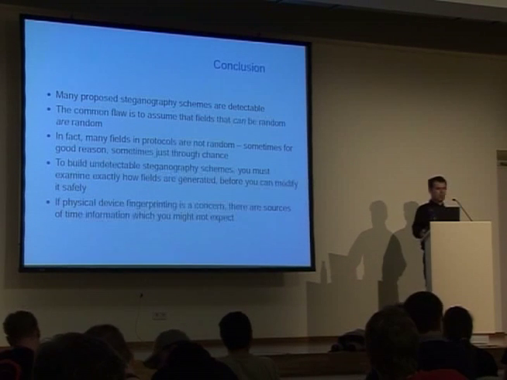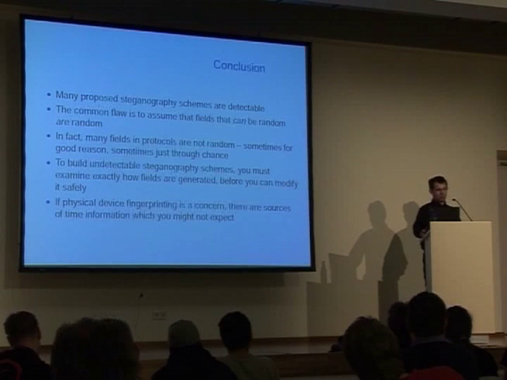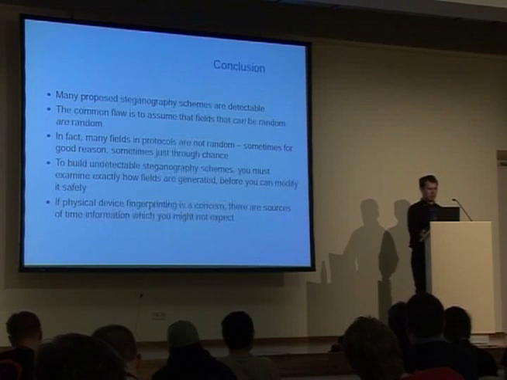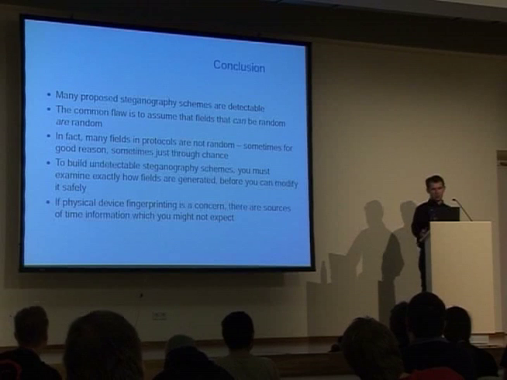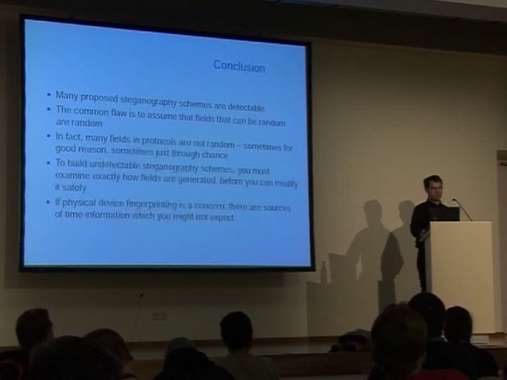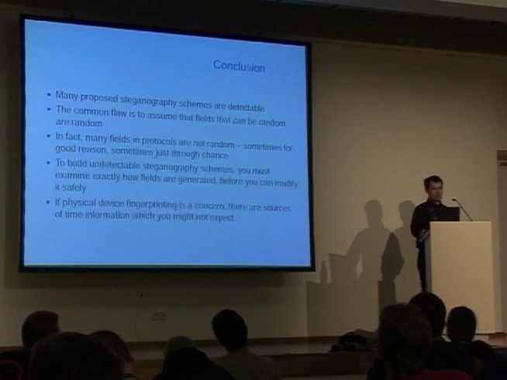This could also be used for fingerprinting. And the other thing I mentioned was the physical device fingerprinting. If you think you're untraceable because you move your computer to a different continent, then that may well not be true. If you're worried about someone fairly powerful tracking you, then this should be a concern. You could try to turn off all sources of timing information. The obvious ones are ICMP timestamps, which are easy to turn off, as are TCP timestamps, but initial sequence numbers aren't.